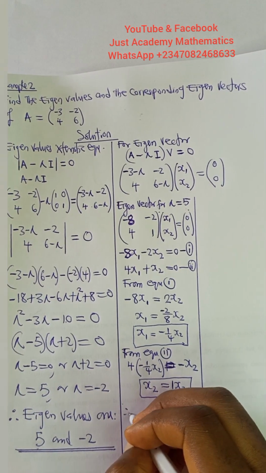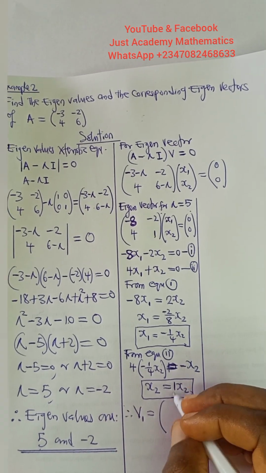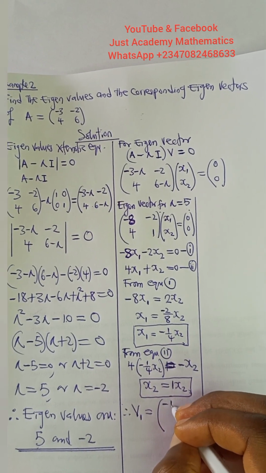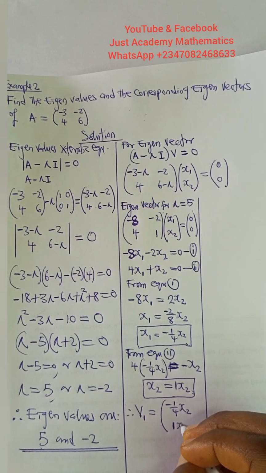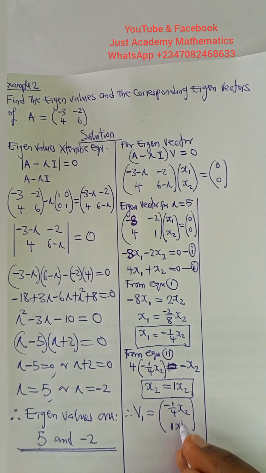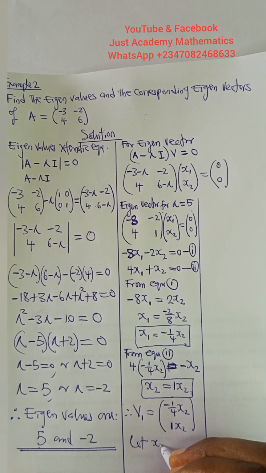So you now come and present the vector that v1 is now equals to, what is the first value? Minus 1 over 4 x2, then 1 x2. Let the x2 be 1 in order to do away with the x2.